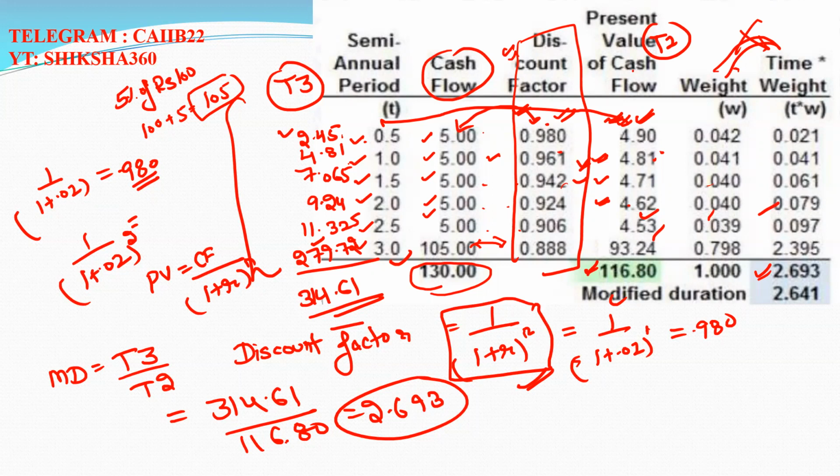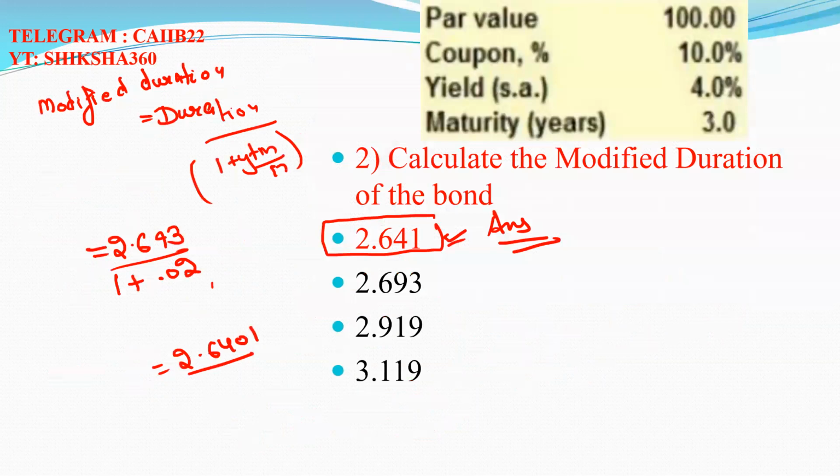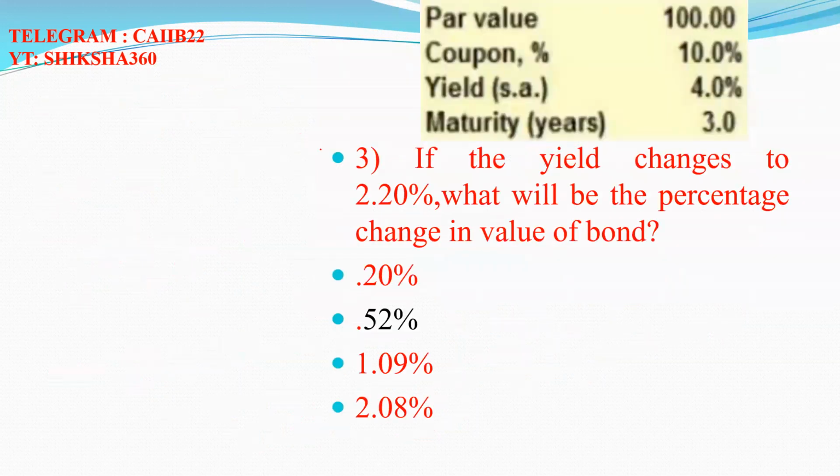Now, the next question, question number 2, is a directly formula-based, very straightforward question. Now move to question number 3. If the yield changes to 2.20%, earlier the yield was 2% for semiannual, now it changes to 2.20%.